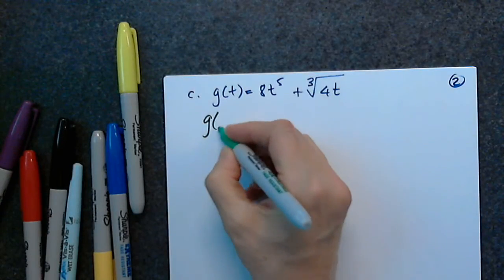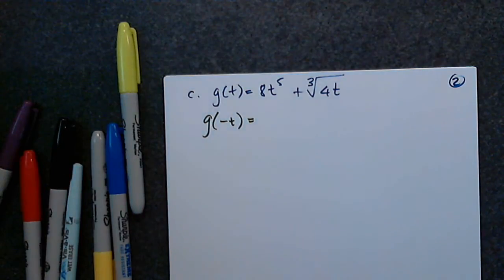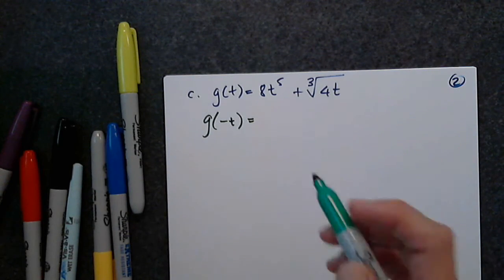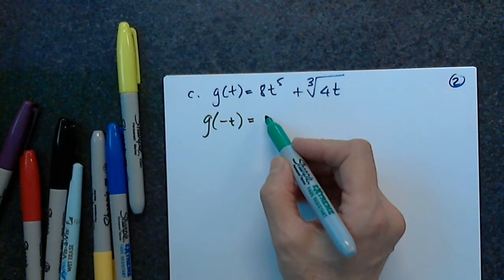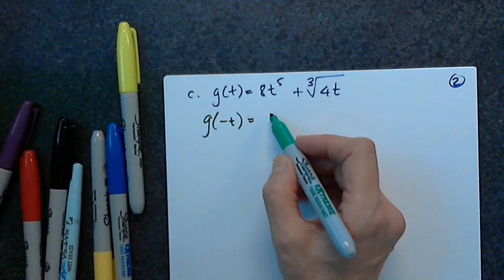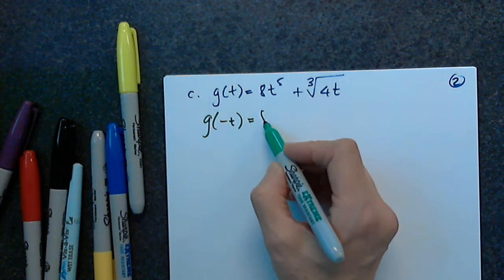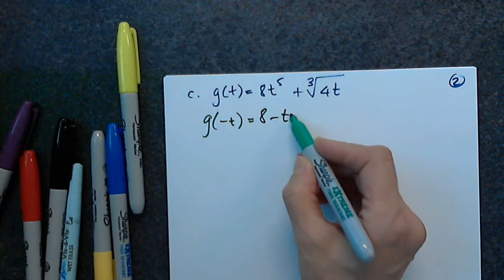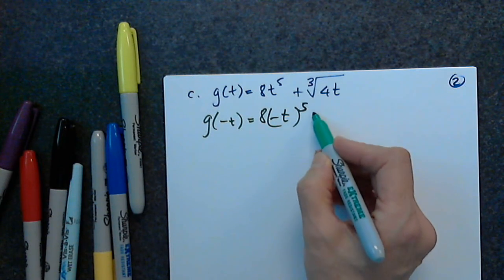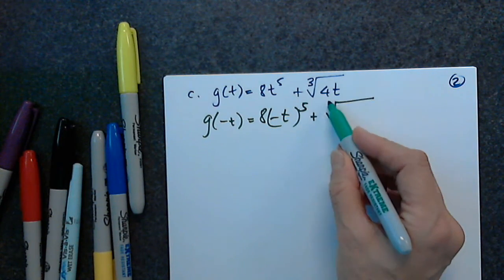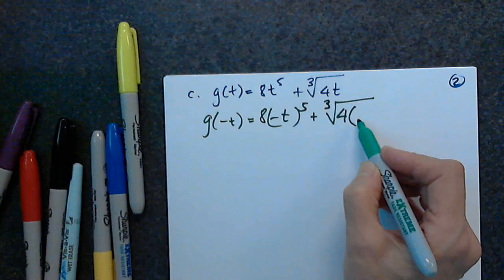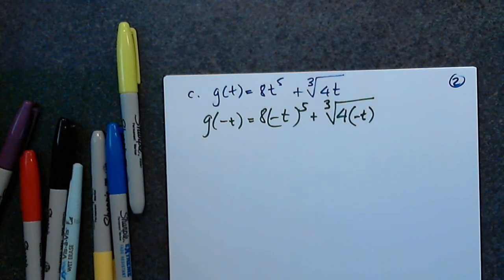Very good. G of negative t, which means 8 times negative t to the 5th in parentheses, yes, plus the cube root of 4 times negative t. Very good. Now we have to simplify this.